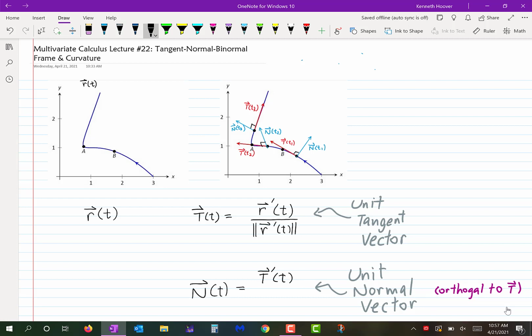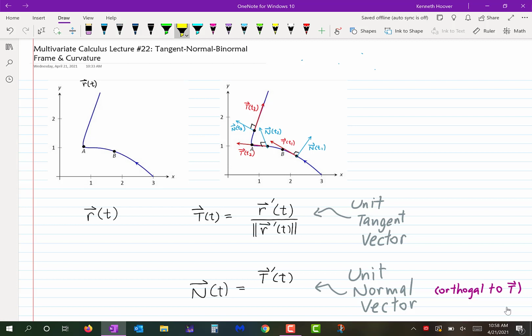I have not mentioned this before, but I'm going to mention it right now, okay? If you have a vector valued function and the magnitude of the vector valued function never changes, then its derivative vector will automatically be orthogonal to it. Okay, now capital T is a vector valued function. And the length of capital T is always 1.